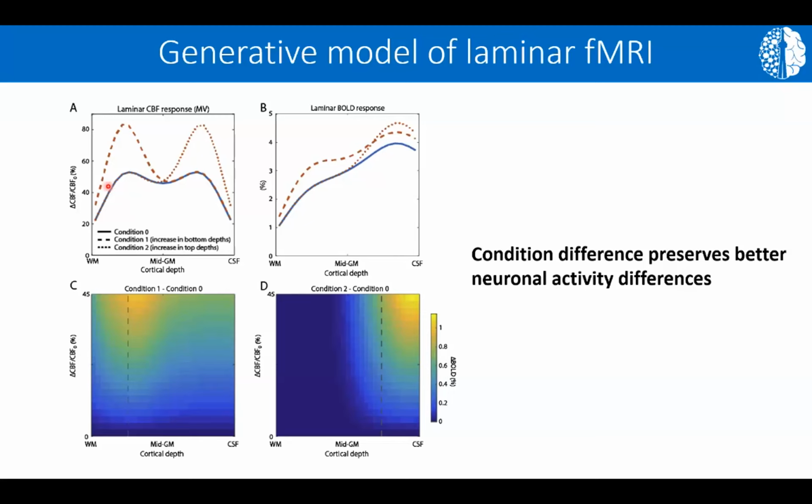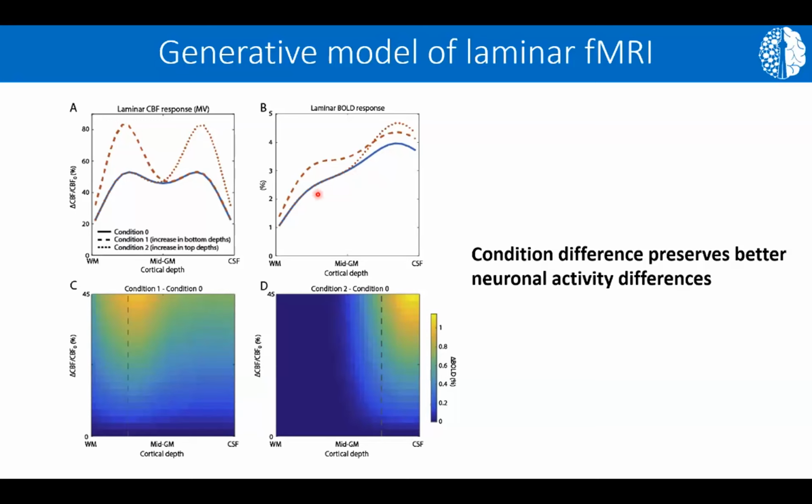So this is shown here. We have one condition in blue, and then we have another condition dotted, with large dashes and small dashes, two different conditions. And then this is the activation profile across layers. And if you then calculate the Bold signal, the blue one, as argued, is very deceptive.